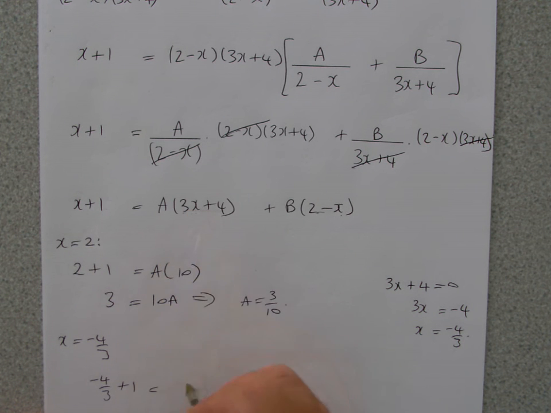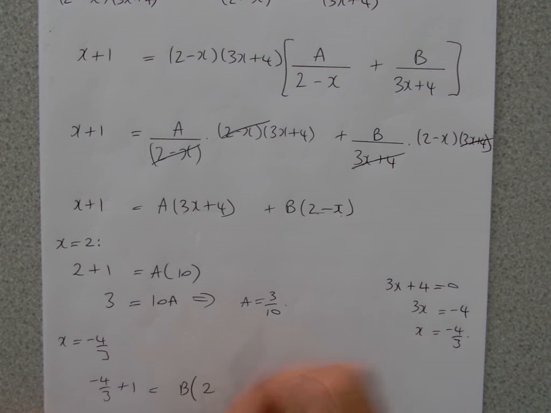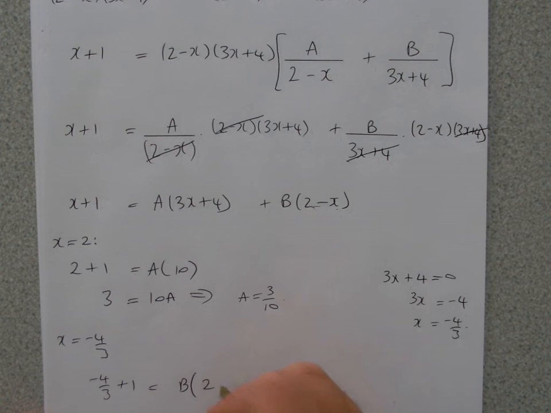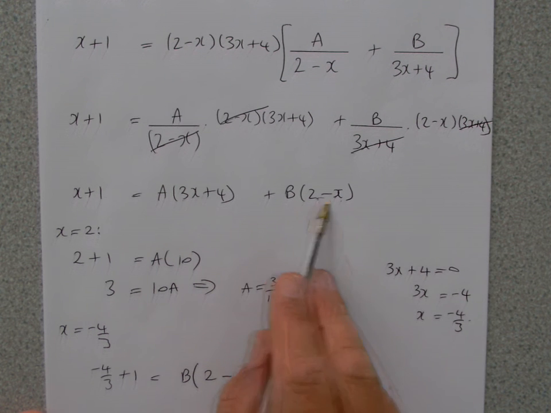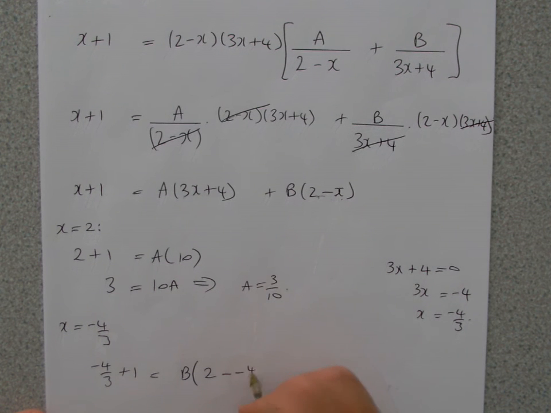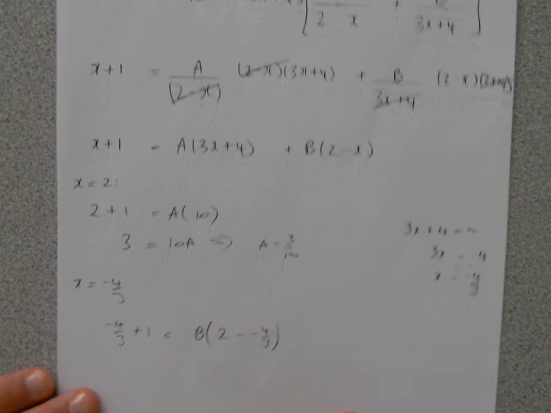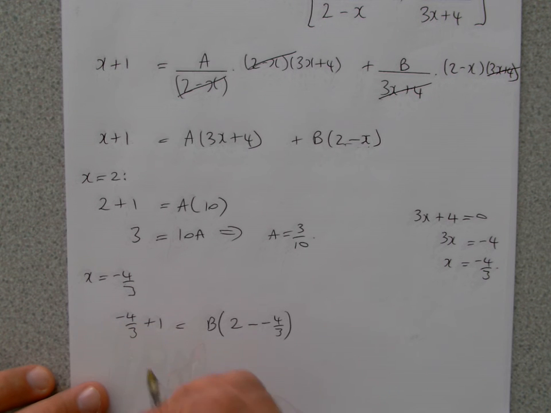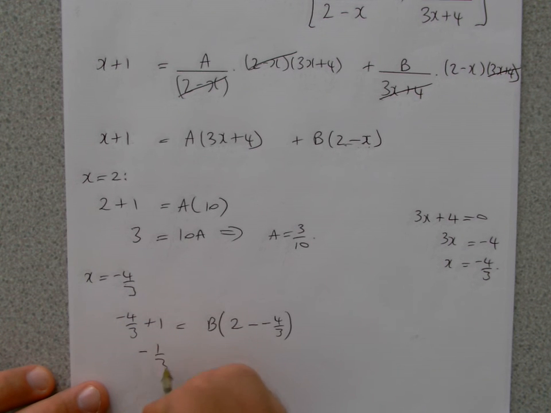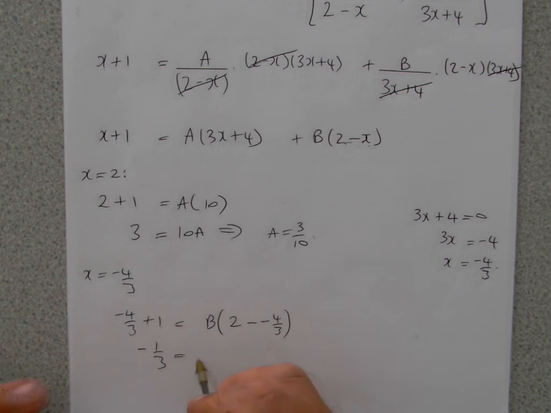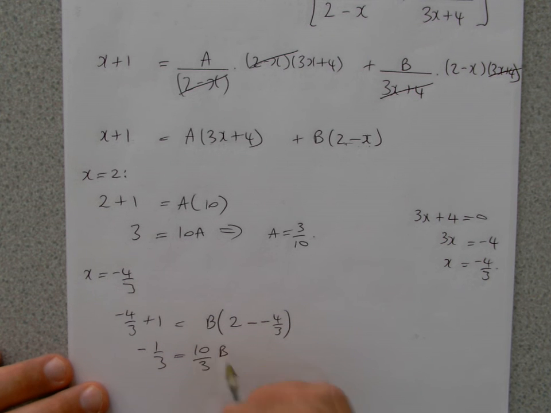That will be 0 as we just discussed, and here then you've got 2 take away x, and x is negative 4/3. So then you work that out there, you get minus 1/3 here, and then that will be 10/3 B here.